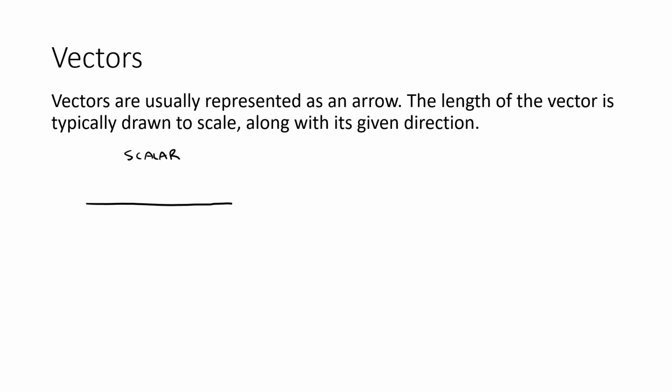It could either be a line, or sometimes you might see it like this. It's just a set length. I'm going to have it just as a line for right now. So we'll say that's 6 meters, just for this example. As opposed to a vector quantity, the direction is always important.